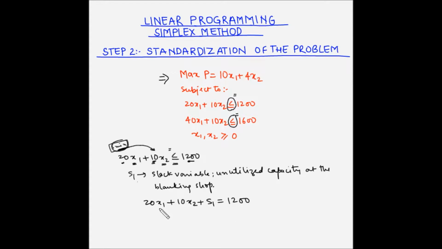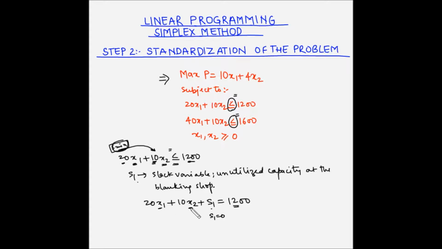Now, if the quantities of type A and type B can consume the entire production capacity of 1200 minutes in the blanking shop, then the value of S1 will be 0, or in other words, there will be no unutilized capacity. Now, let's say that there is no production happening for gears of type A or type B in the blanking shop.